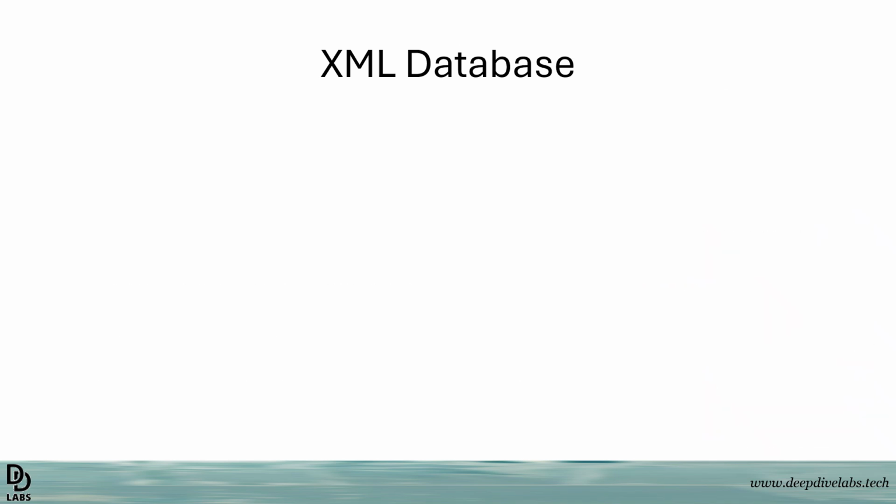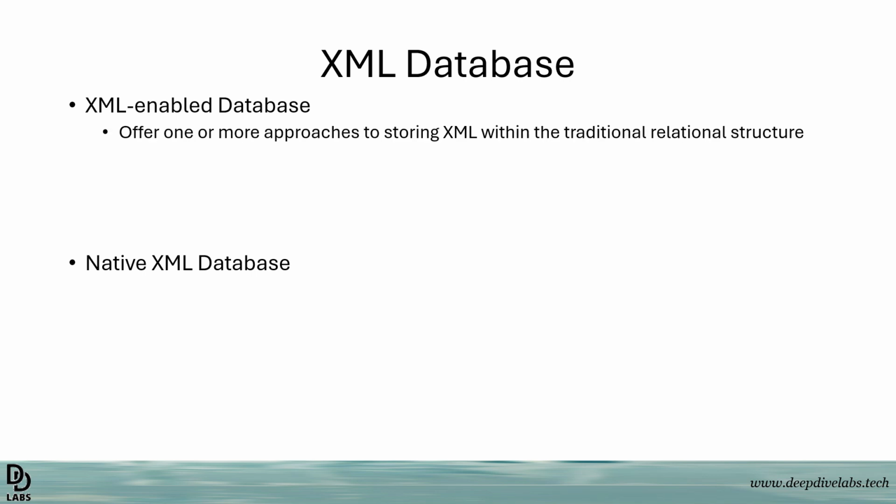There are two formats of XML database. One is called the XML enabled database. Because of the popularity of XML, relational databases also started supporting an XML data type. An XML enabled database offers one or more approaches to store XML within the traditional relational structure.